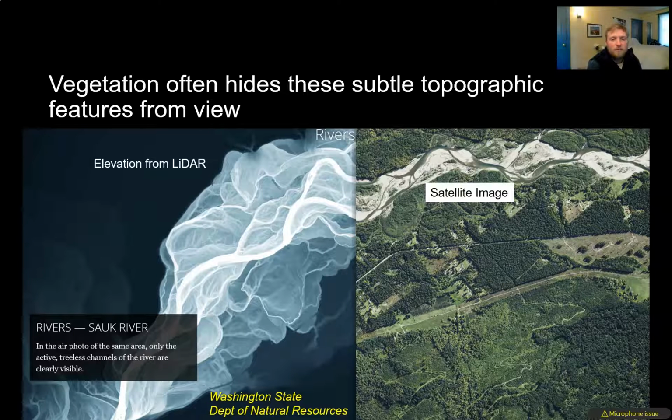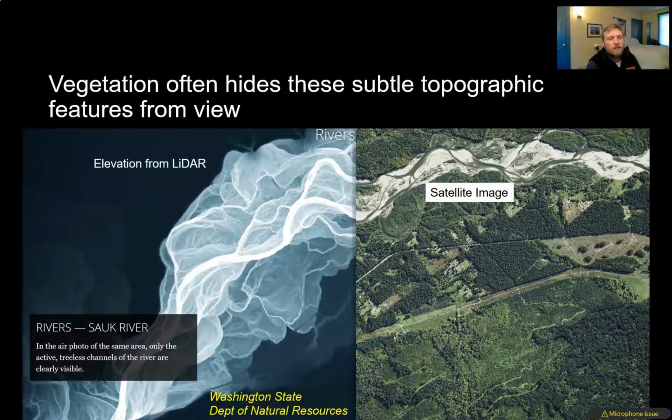That's expensive and it's difficult, but it's a lot easier to build stuff on flat land, right? So we live in a part of the country in Vermont, or you go to school in a part of the country where there's a lot of tree cover. And so the topography that rivers have formed is often concealed beneath the vegetation cover.